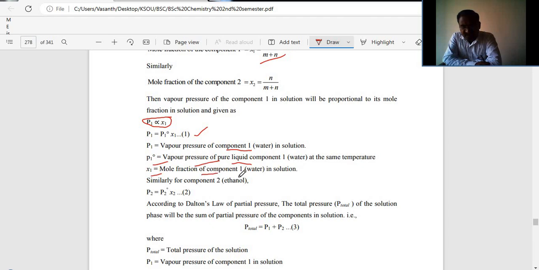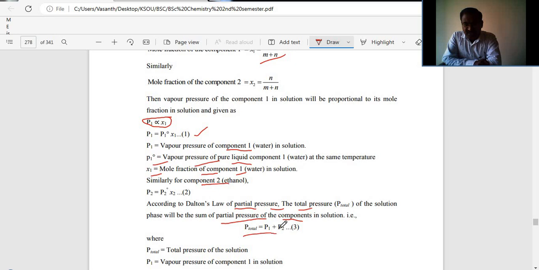X1 means the mole fraction of component 1 in solution. Similarly, for component 2, P2 is equal to P2 naught into X2. According to Dalton's law of partial pressure, the total pressure of the solution phase will be the sum of the partial pressures of the components in solution.